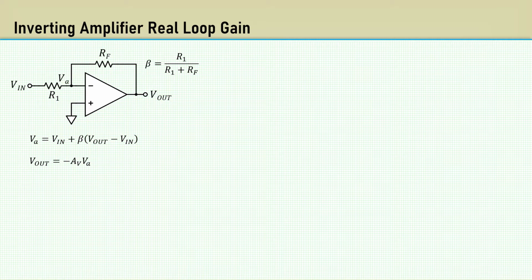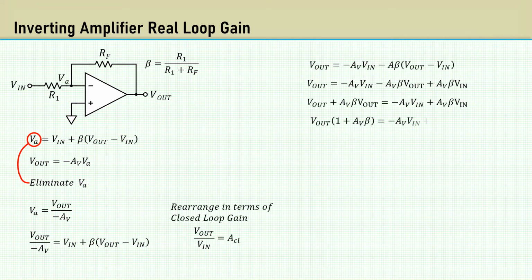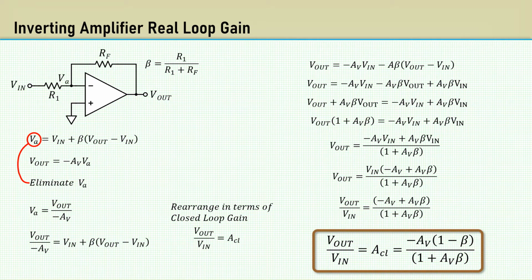We need to eliminate VA, which we can do by substituting V out over minus AV in its place. Now we just need to rearrange the equation in terms of V out over V in, the closed loop gain. Here's the equation to calculate the closed loop gain with a known finite open loop gain on an inverting op-amp.